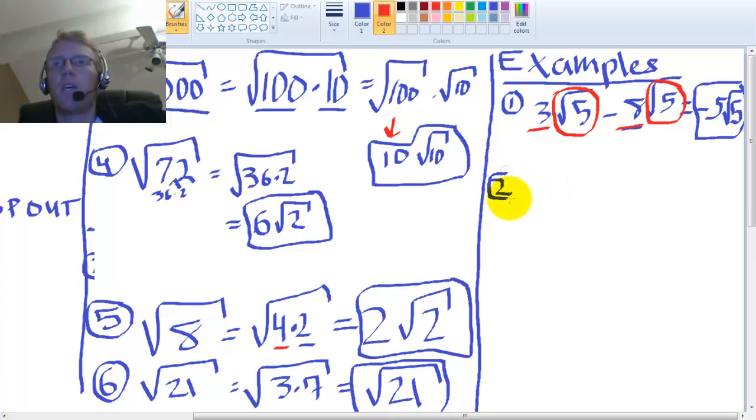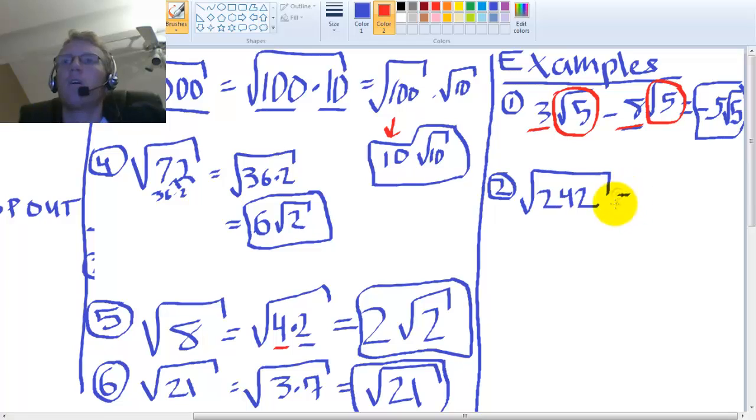How about, what if it just says simplify the square root of 242? Holy smokes. Simplify the square root of 242. Okay, well, 242 could be broken down into 121 times 2.